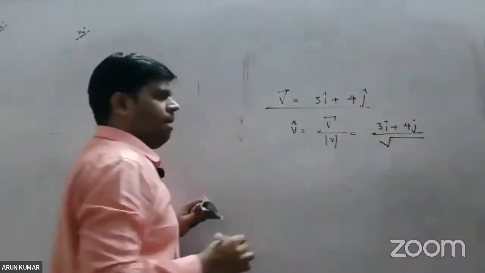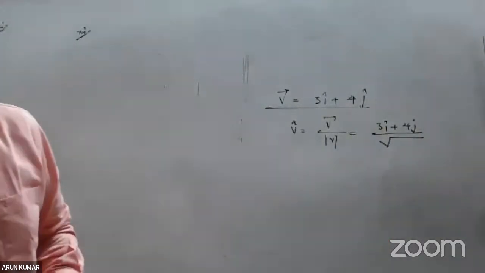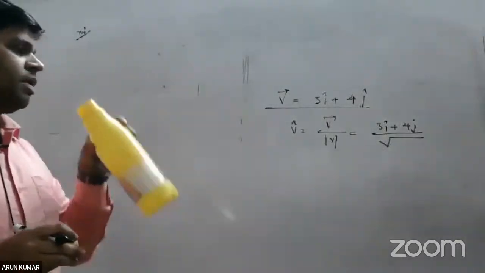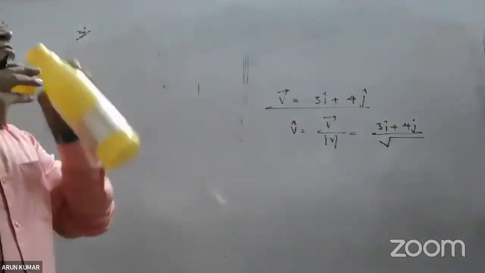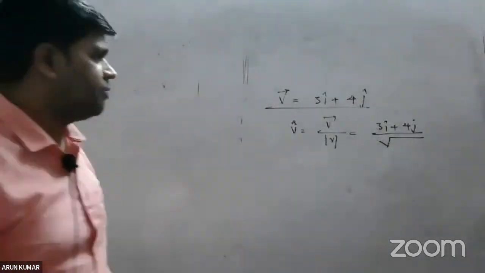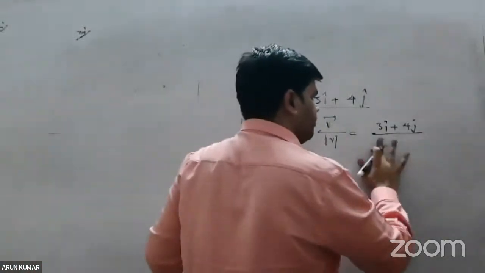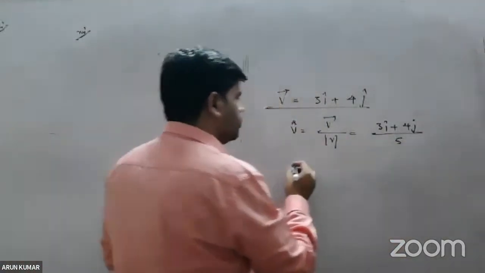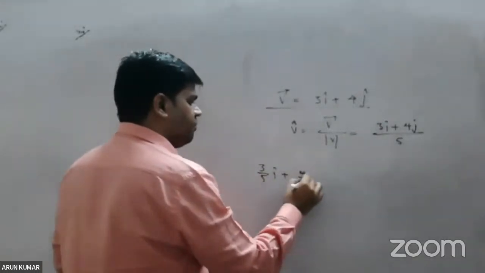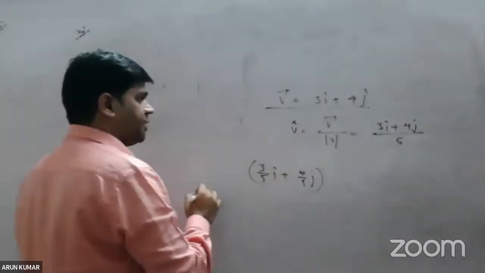What is mod v? Root 25, which is 5. So that would be 3 by 5 i cap plus 4 by 5 j cap. I got the unit vector.